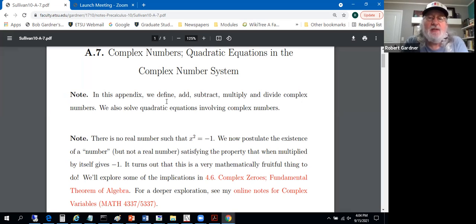So the plan in this appendix is to define, add, subtract, multiply, and divide complex numbers, and we'll also solve quadratic equations using complex numbers.